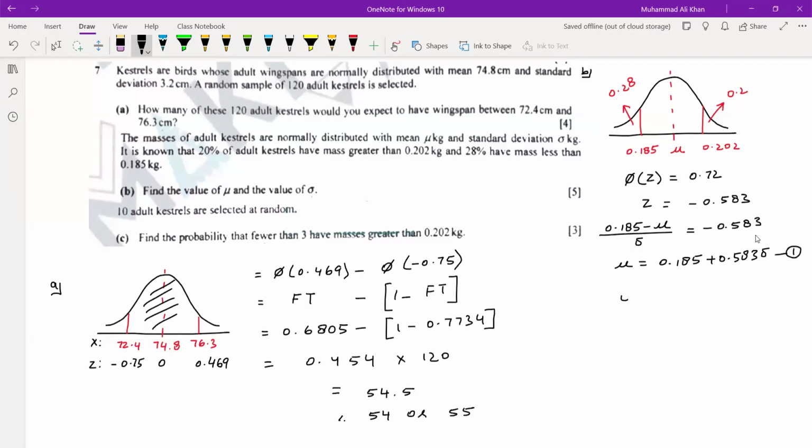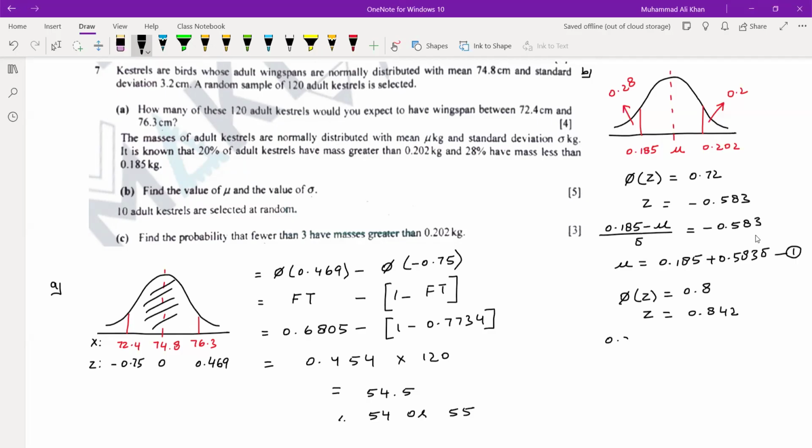Next, the probability of Z is 0.2, so 1 minus 0.2 is 0.8. The value of Z by the reverse process for 0.8 is 0.842, on the positive side.